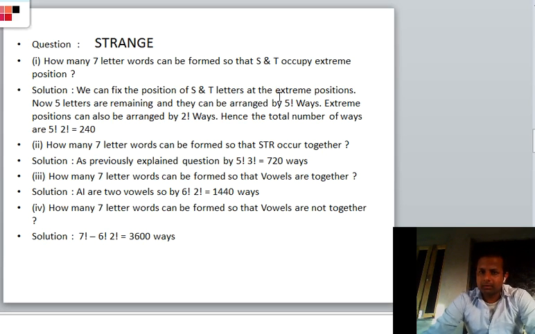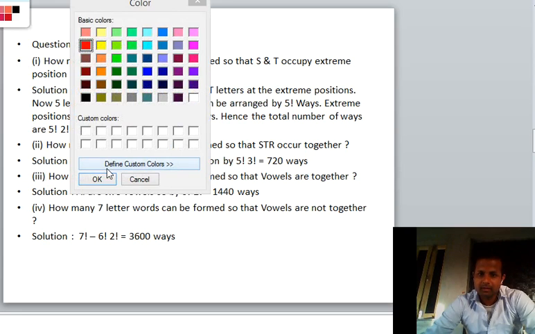Students, always remember, when we have to fix the extreme positions, we fix the first position and the last position. So S and T occupy the extreme positions. If we fix the first and last positions, we are left with 5 positions and 5 letters, which can be arranged in 5 factorial ways.